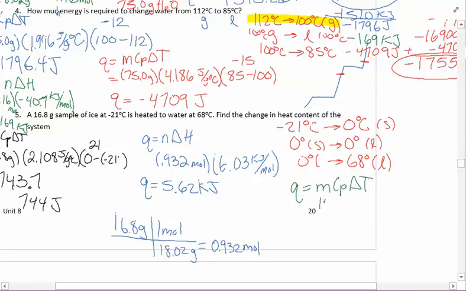So our mass is the same, 16.8 grams. Our specific heat is 4.186 joules per gram degree Celsius because that's the specific heat capacity of a liquid. And then delta T is going to be 68 minus 0, which is 68.